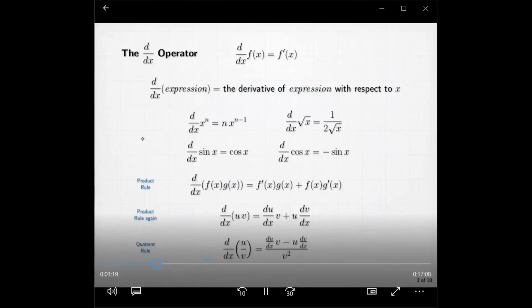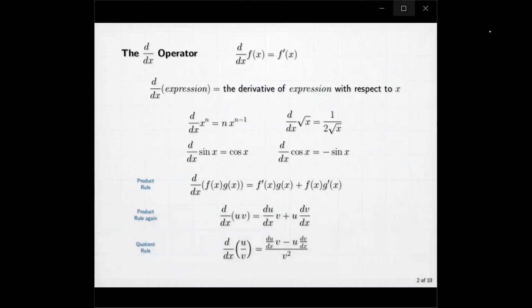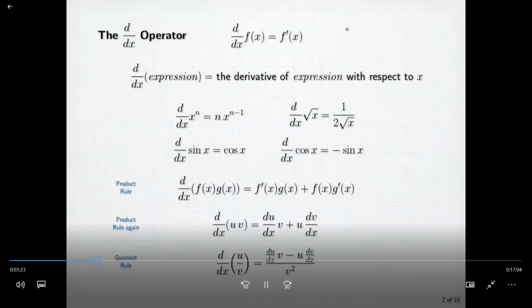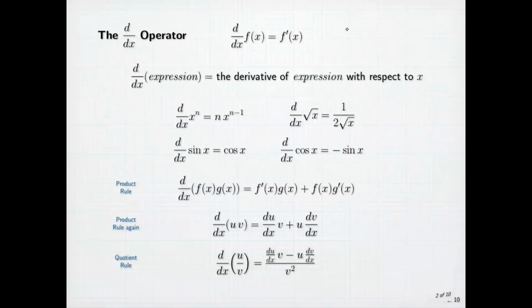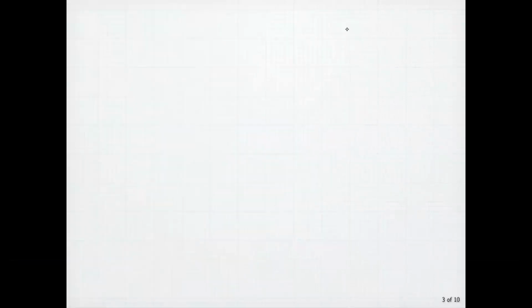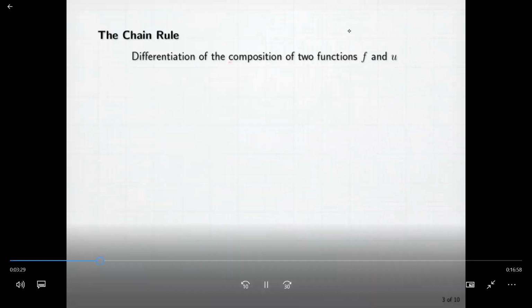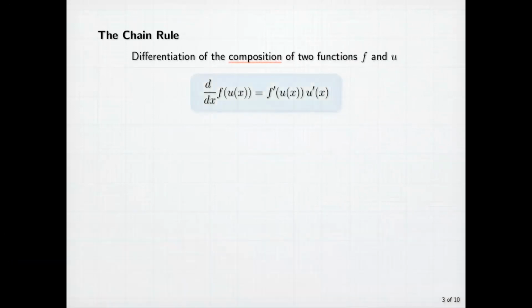equals du dx times v minus u times dv dx all over v squared. The chain rule. This is about differentiation of the composition of 2 functions f and u. The derivative with respect to x of the composition f of u of x equals f prime of u of x times u prime of x.